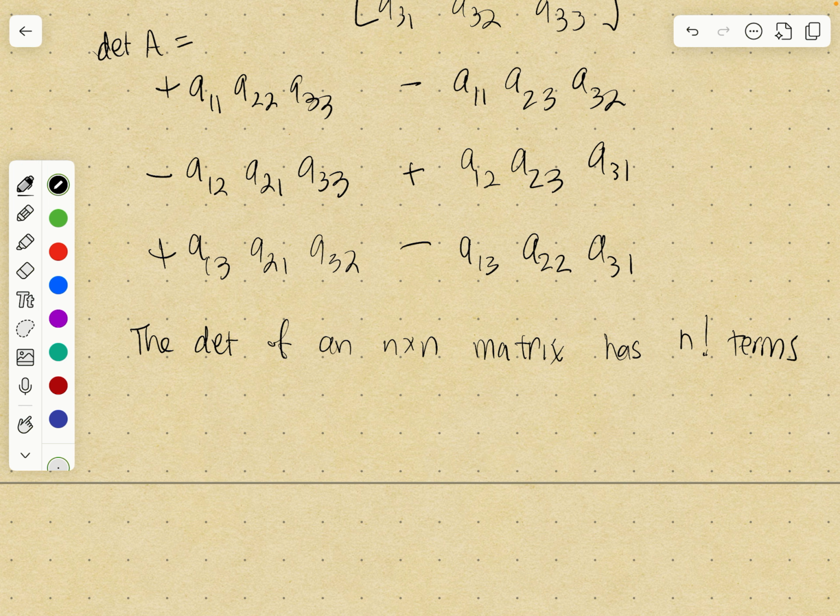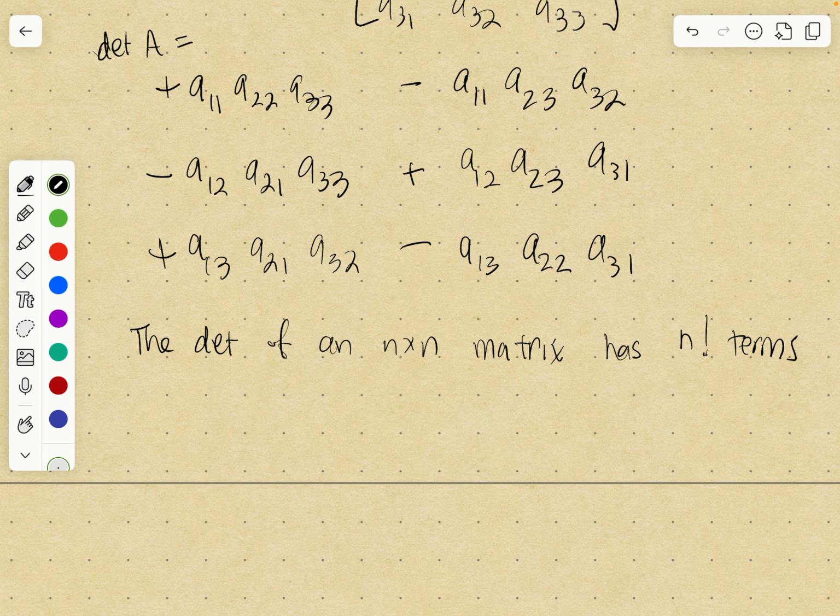So if you had a 5 by 5 matrix, the general determinant is going to have 120 terms. So this is definitely not a good definition for talking about the computation of the determinant. But it is important for theoretical purposes.